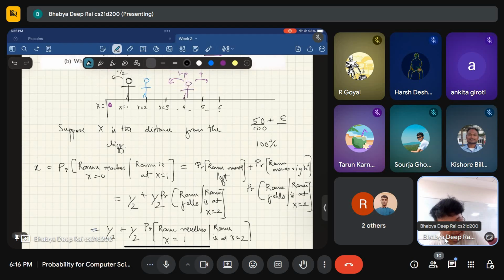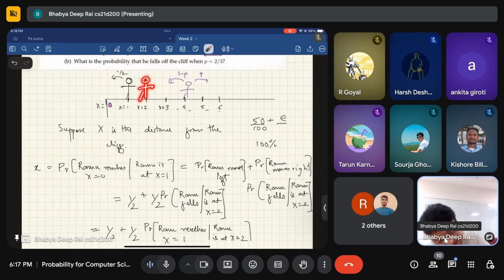That's what we said, right? He's at x equals 2, he definitely needs to reach here. And after reaching here, what happens? The probability that he falls is the same as the probability that Ramu reaches x equals 0 when Ramu is at x equals 1.